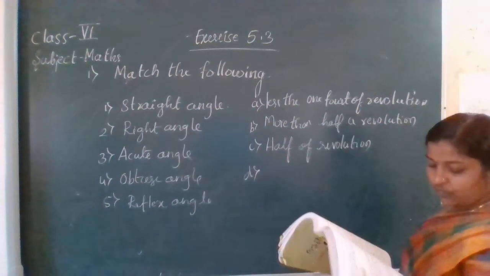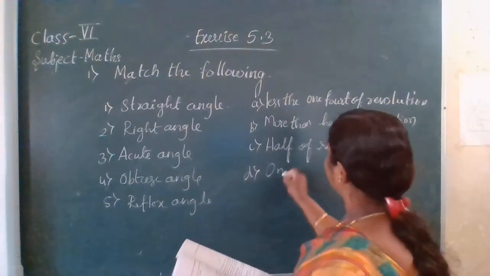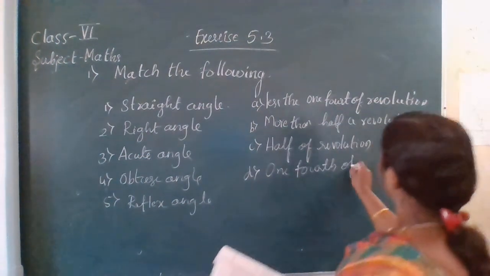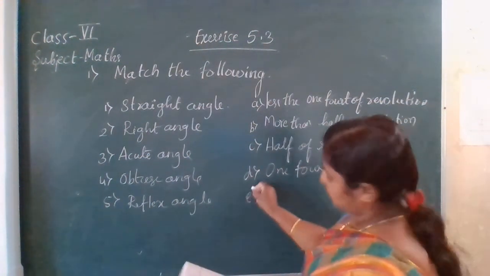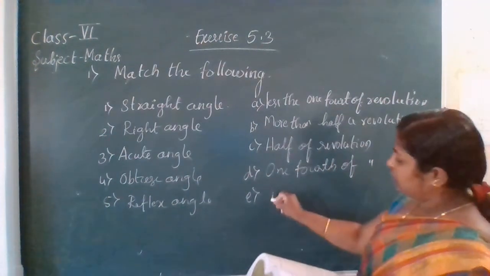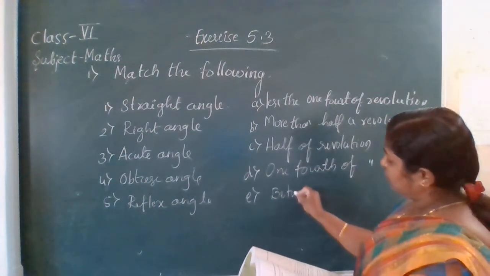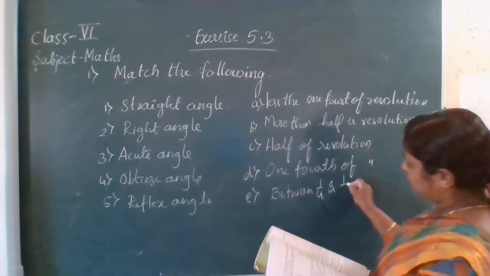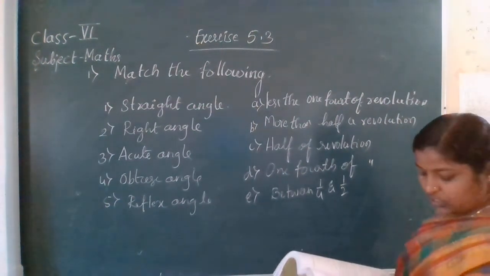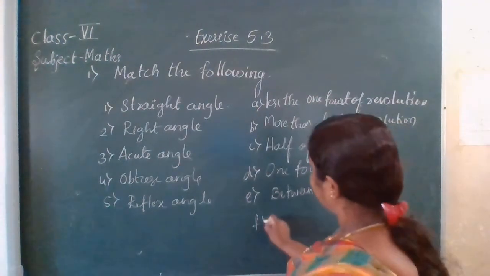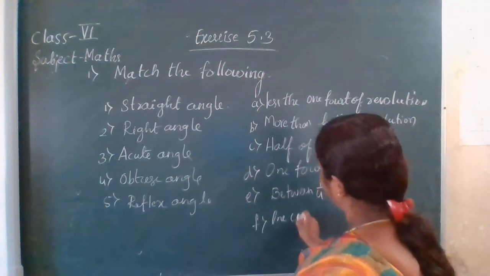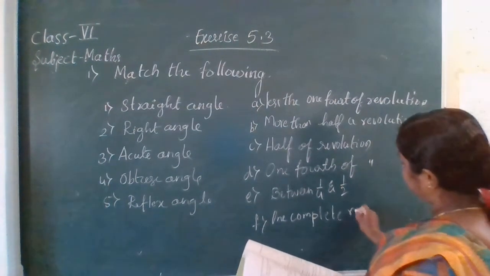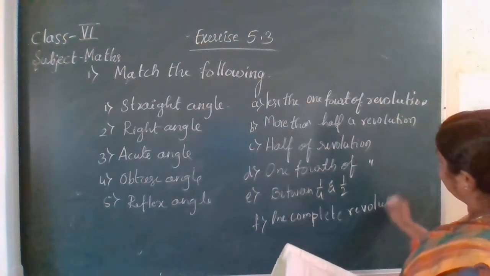D: 1/4 of a revolution. Between 1/4 and 1/2 of a revolution. One complete revolution.